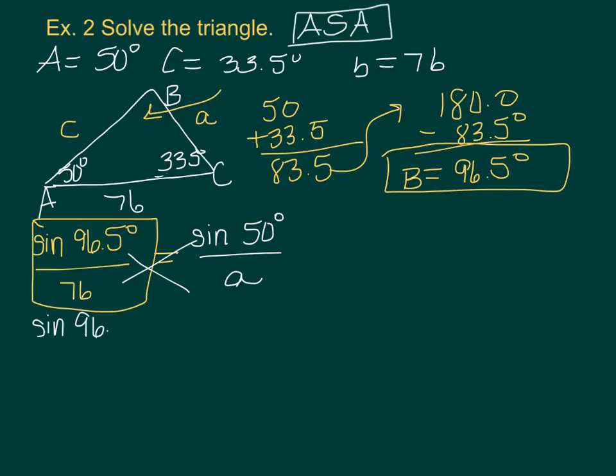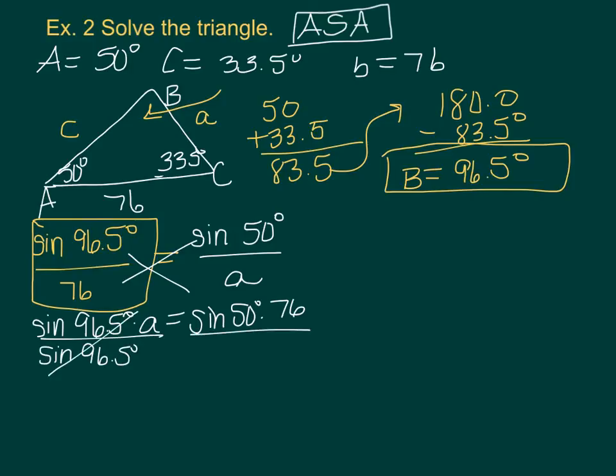Sine 96.5 times a equals sine 50 times 76. Then you divide to get a by itself. And then you should get little a is equal to 58.6.